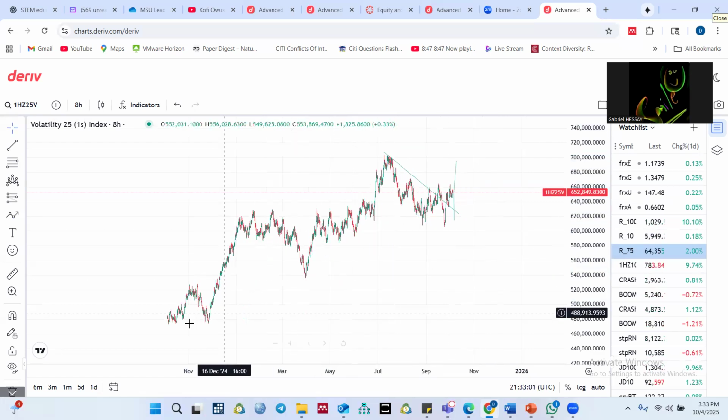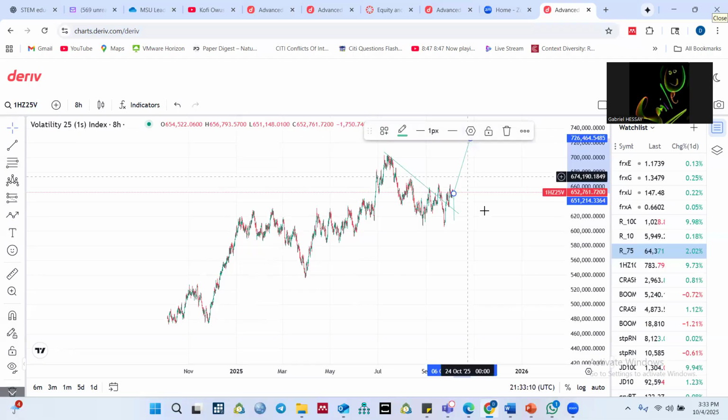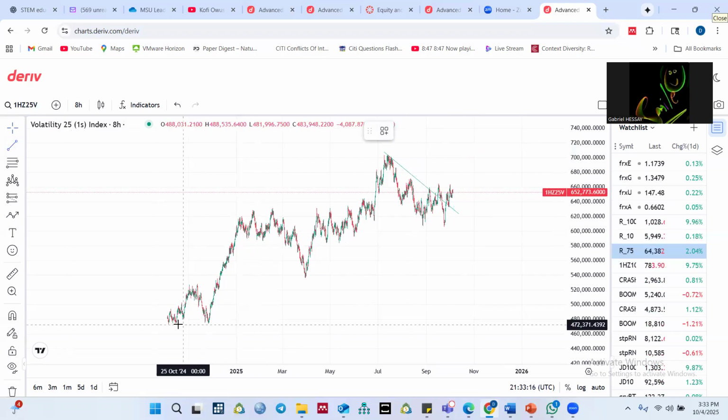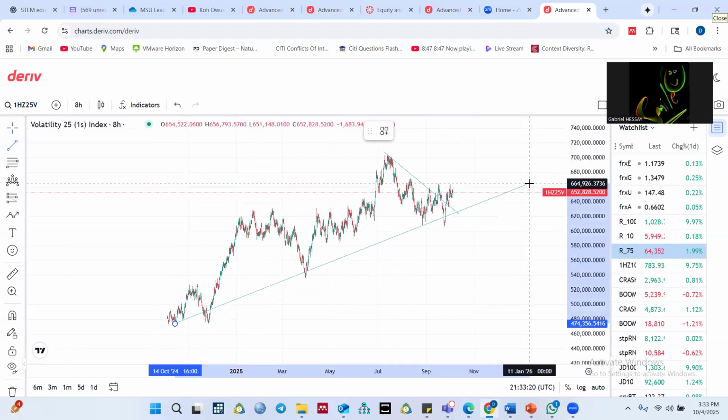But for now, we have higher high, lower high, so we expect to have a higher high.